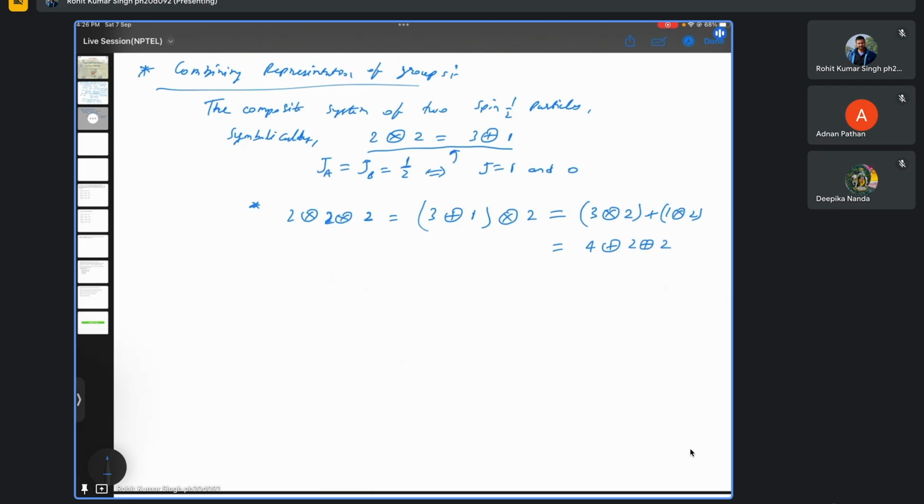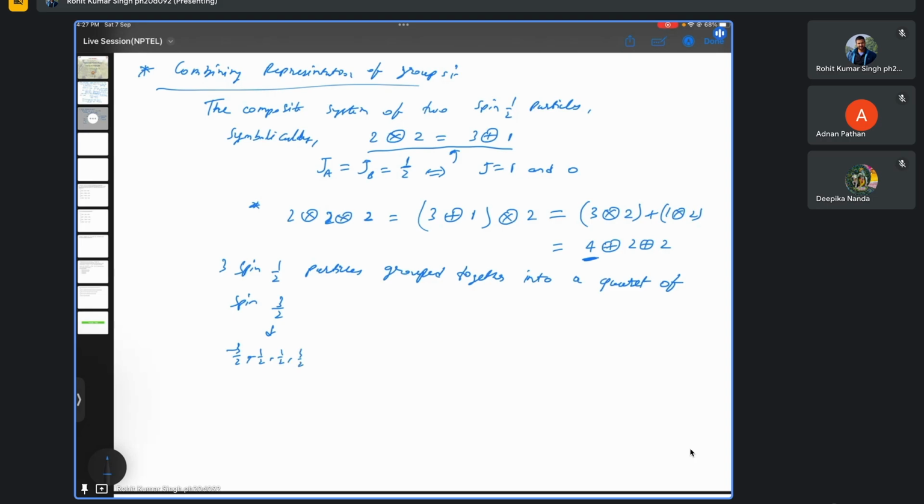So what does it mean is, 3 spin half particles grouped together into a quartet of spin 3 half, because a quartet you will only get when you have a spin 3 half, right? So that you can get minus 3 half, minus half, half, and then 3 half.